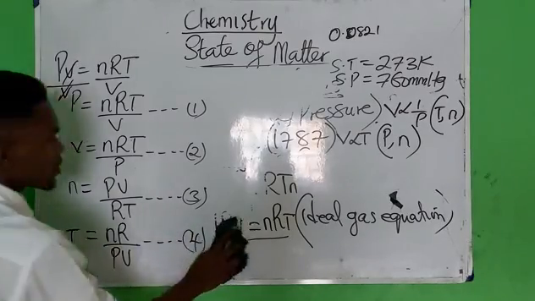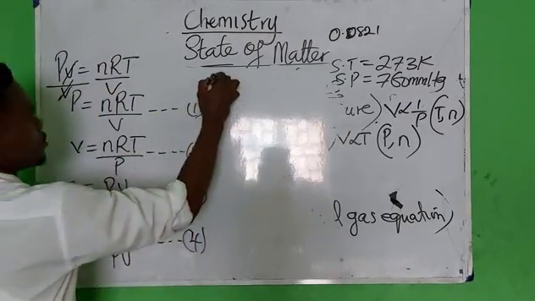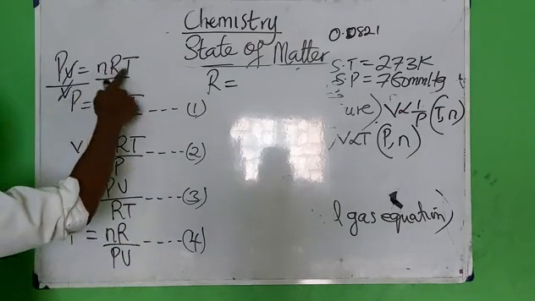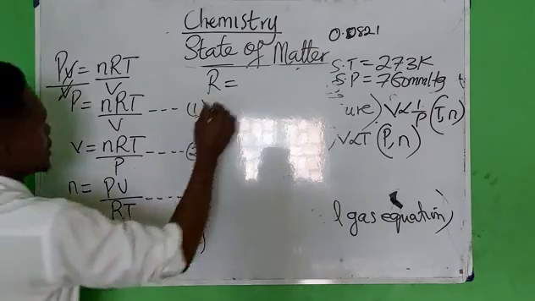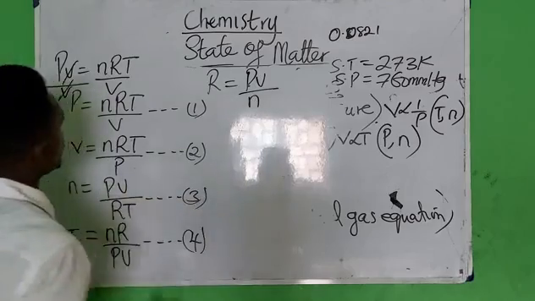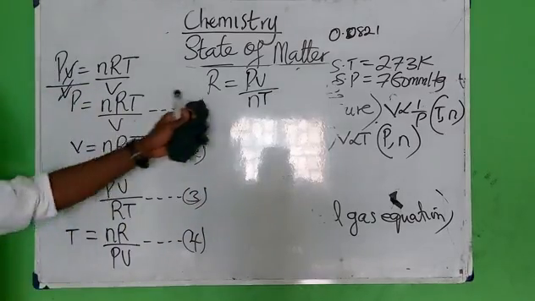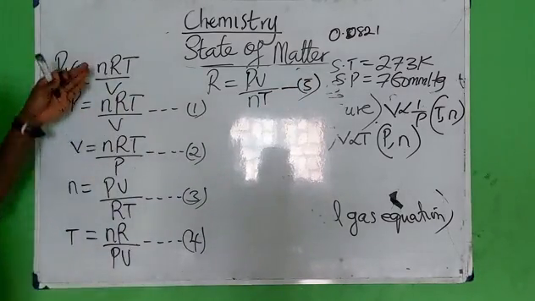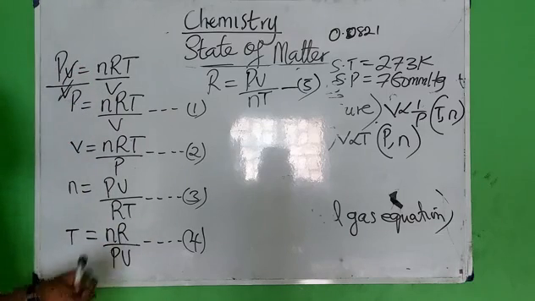And if I want to make R the subject, I'll divide both sides by nT, so R equals PV over nT, equation 5. So this is the deduction of the various formulas we have here.